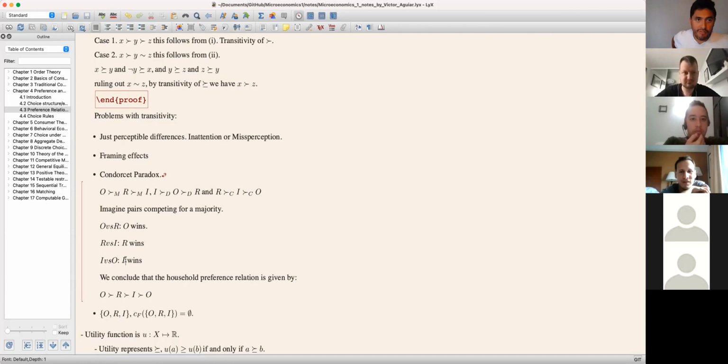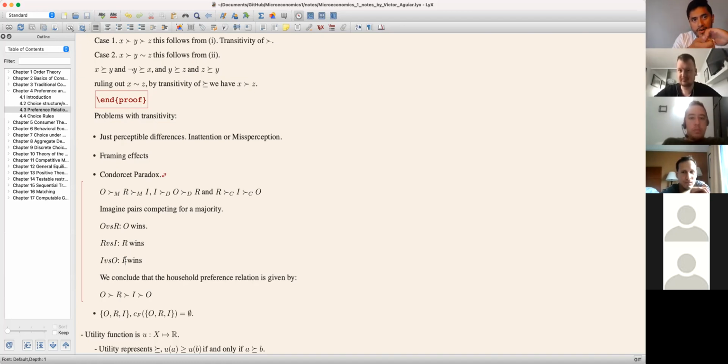And then you know the famous Arrow impossibility result. He showed that a set of axioms are incompatible with each other, and that basically killed that literature. Those axioms include the fact that you behave rationally, so you have to be transitive, and at the same time you have to be non-dictatorial.